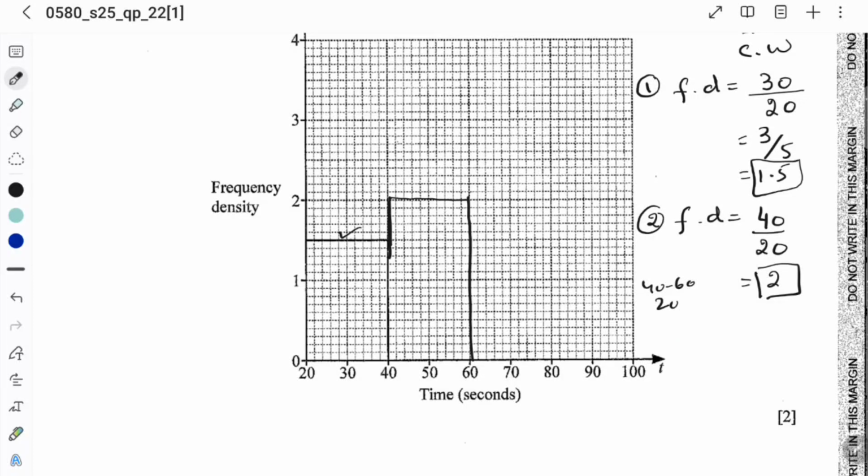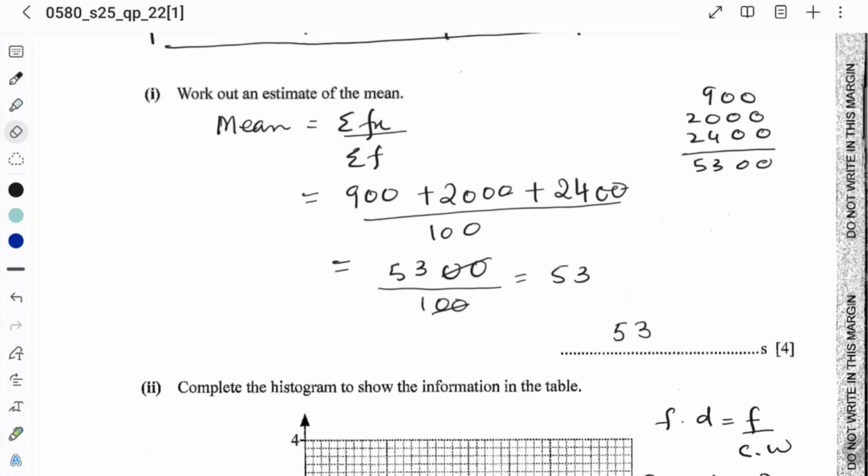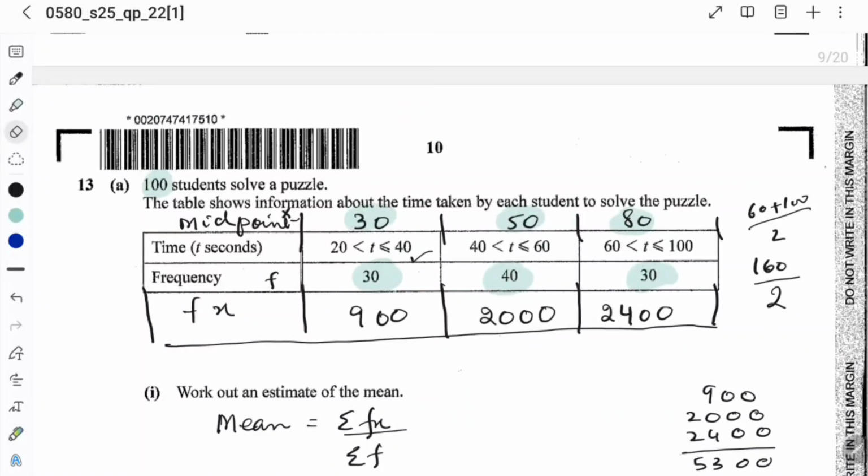All right, the third one: your frequency is 30 and your class width is 60 to 100, which means 40 numbers. The first class width is 20, the second is also 20, and this one is 40. The first frequency density is 30 over 20, the second is 40 over 20, the third is 30 over 40.